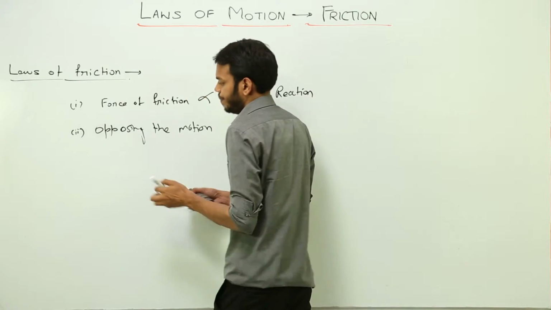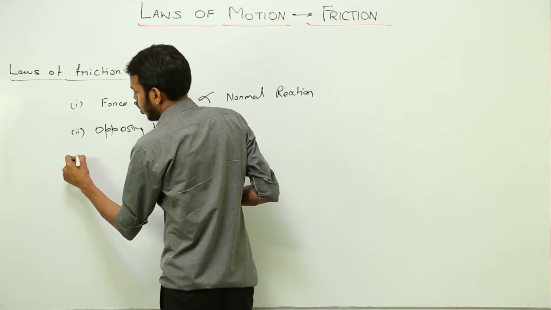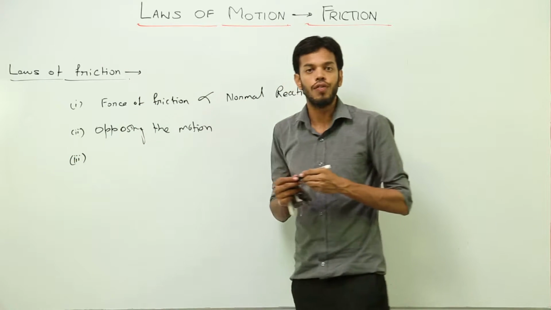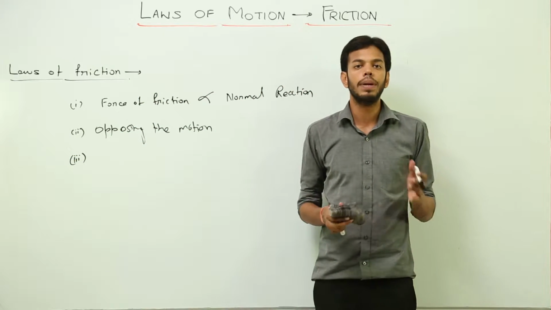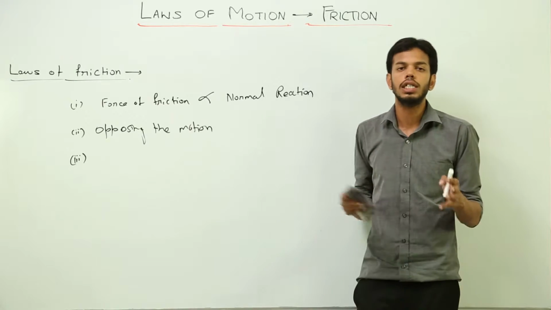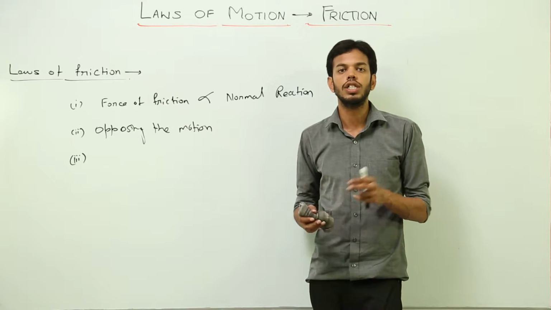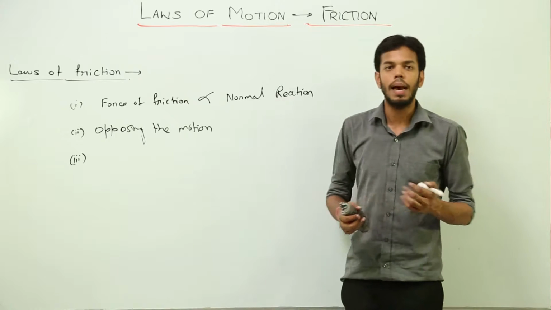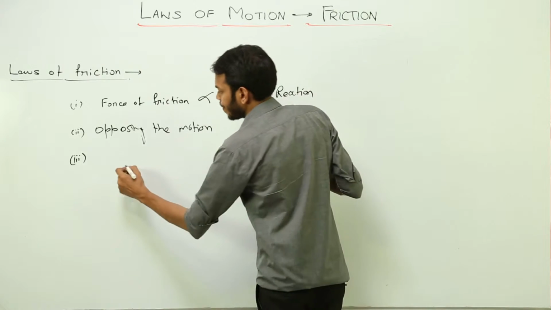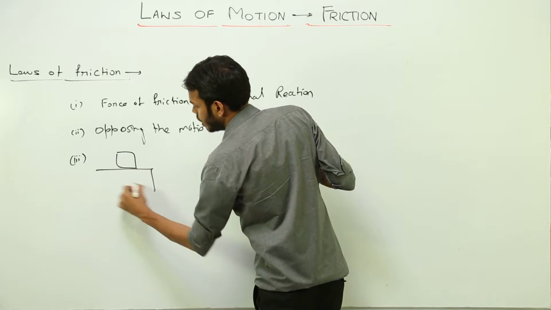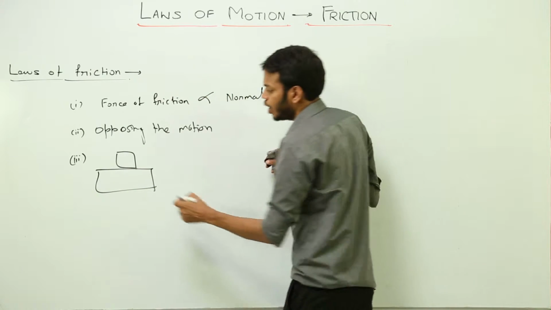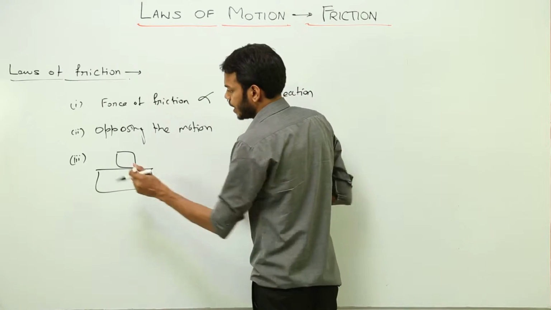Third, the law that the force of friction is independent of apparent area of contact. We have already discussed this in the case of what is the cause of friction, right? So what is apparent area of contact? Suppose there is this body which is moving over this body. So apparent area of contact is this whole area.